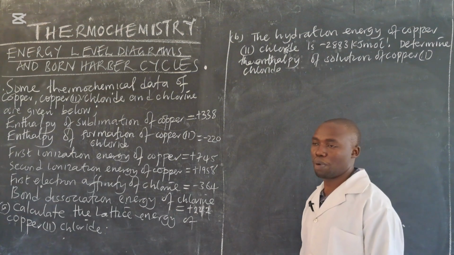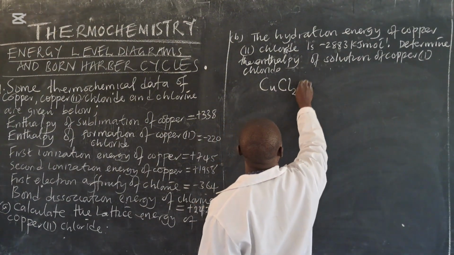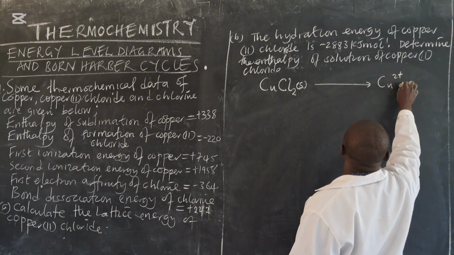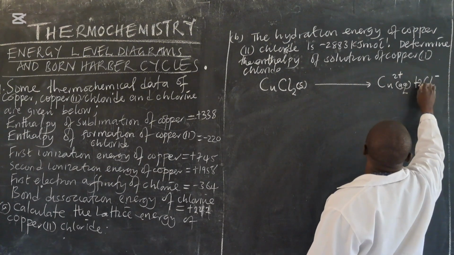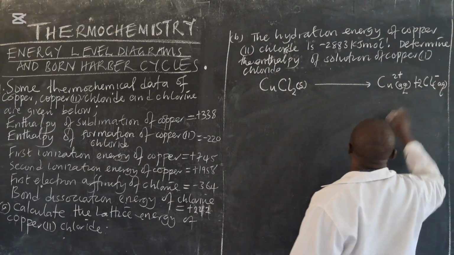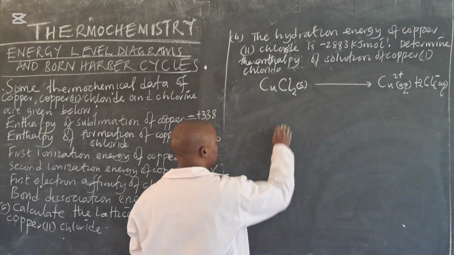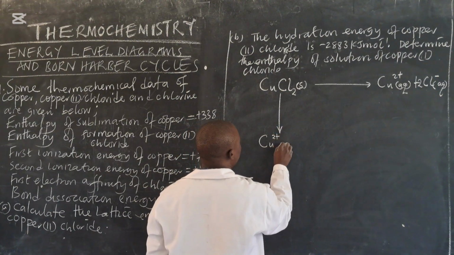Let us first show how copper 2 chloride dissolves. Copper 2 chloride solid will change in water. It will appear as ions in aqueous state after dissolving, but this process first goes through a stage of forming gaseous ions.